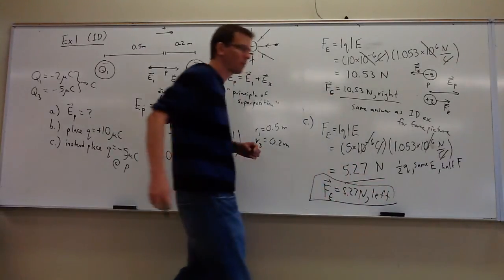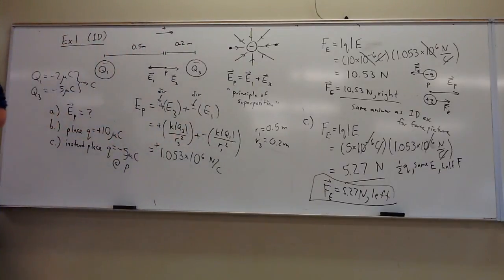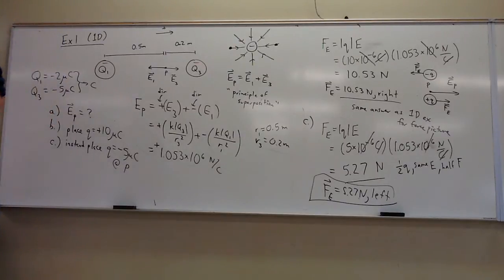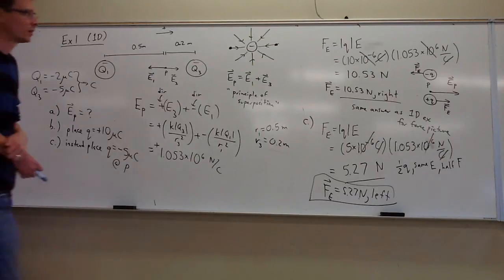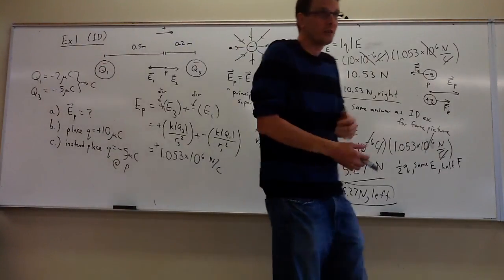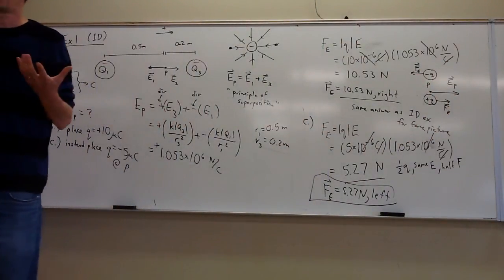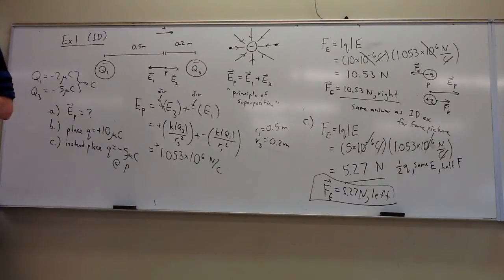That'd be the most generic way of stating the direction without forcing your plus axis choice on somebody that they didn't know. Or if you were sure that what they considered to the left was negative, you could just say the force was negative 5.27 newtons. So that's pretty much it. That's the idea of executing in practice one of these things, okay?